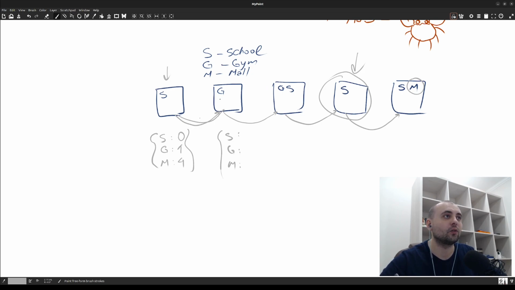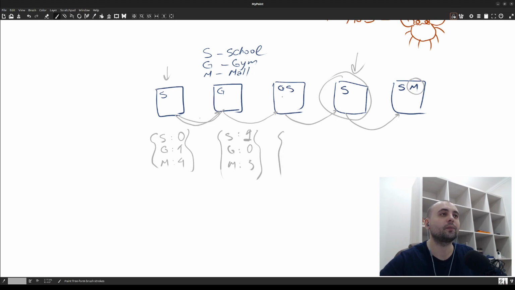For a gym, we have a gym exactly in this spot, so the distance will be 0. And for a mall, on the left side, we don't have anything, so we need to move on the right side. So we see how many distances: 1, 2, 3.